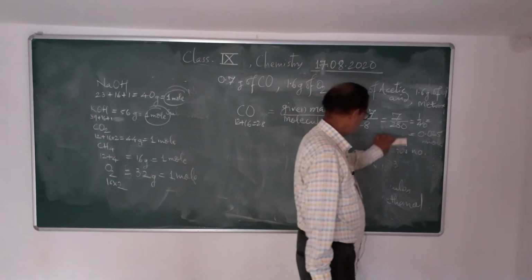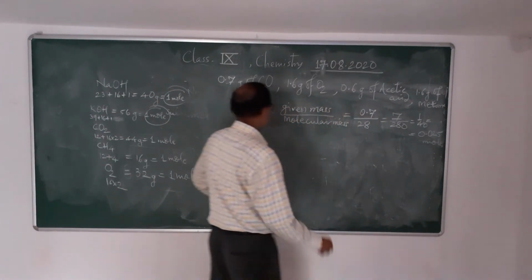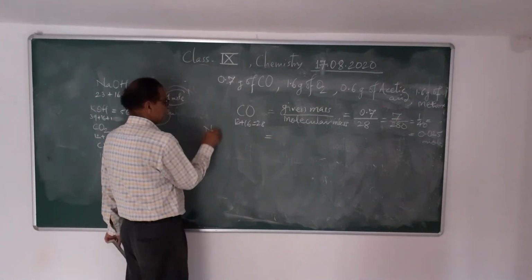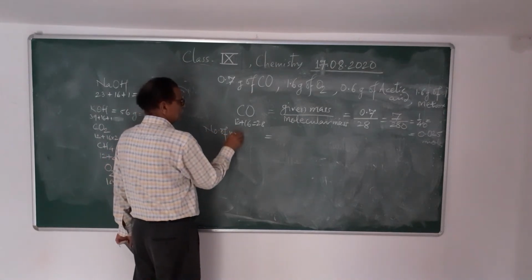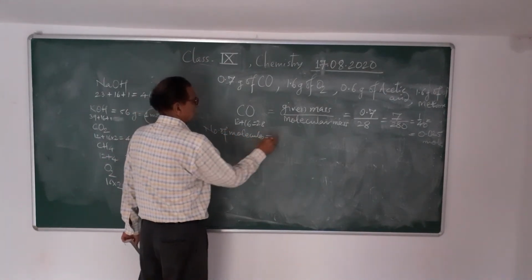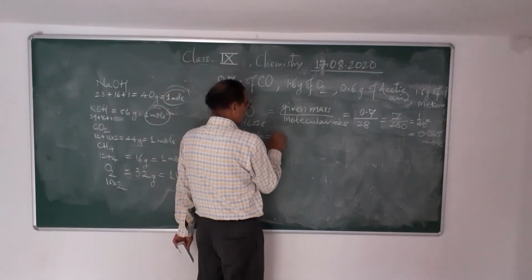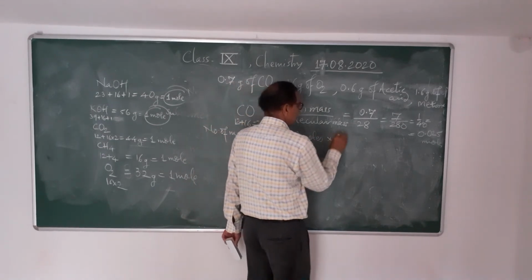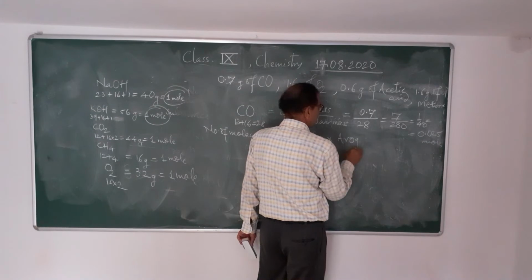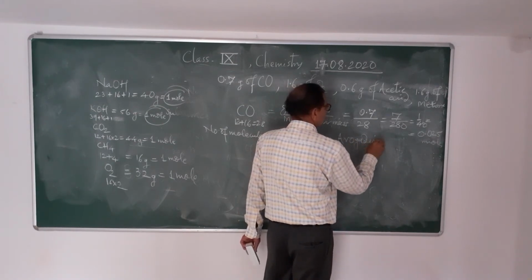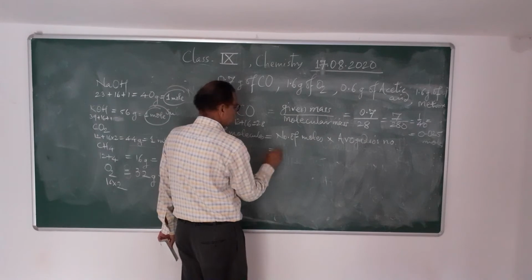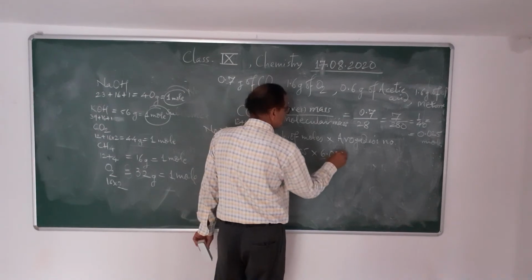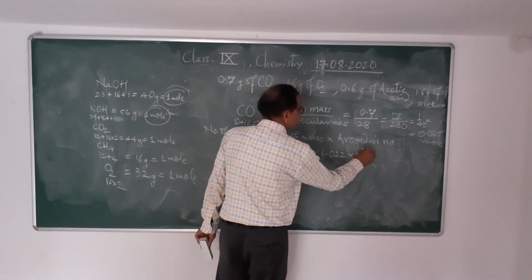And we can calculate the number of molecules. So see, number of molecules is equal to number of moles into Avogadro's number. So number of moles 0.025 into 6.022 into 10 raised to power 23.